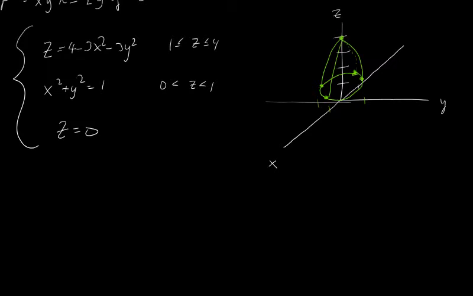That's going to come straight down. So we've got the points 0, negative 1, 0; 0, 1, 0; 1, 0, 0; negative 1, 0, 0. So that's just going to come straight down and create this cylinder here.